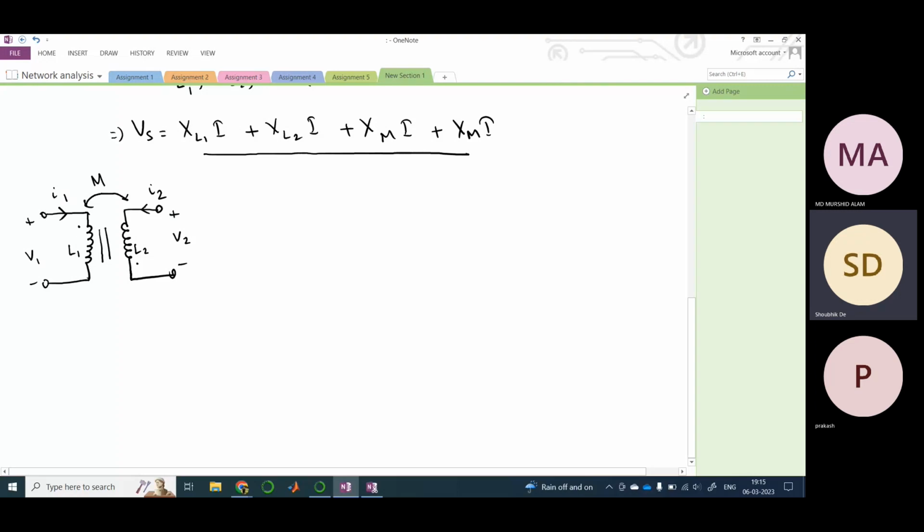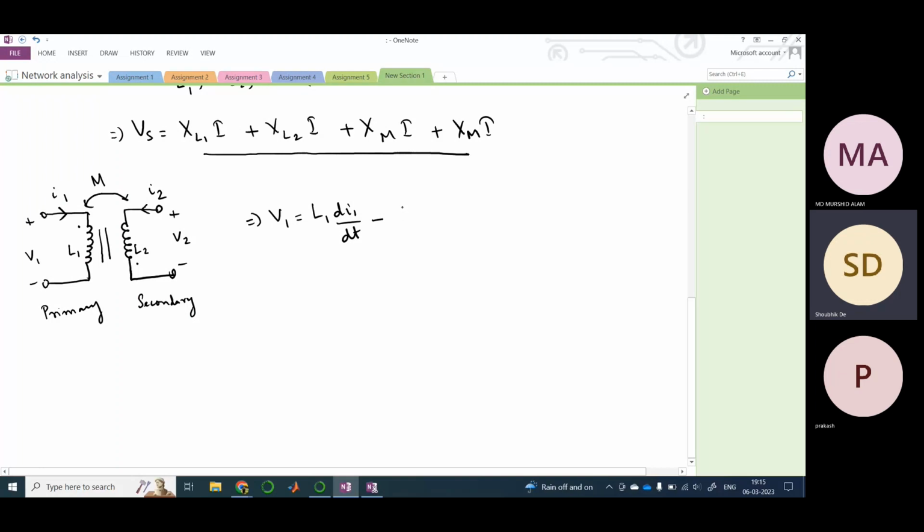Now, what would be the equation of the voltage for this left hand side? Let's say this is the primary part, and this is the secondary part of the transformer. What would be the equation for the primary part? This would be nothing but V1 equals L1 di1/dt, right?